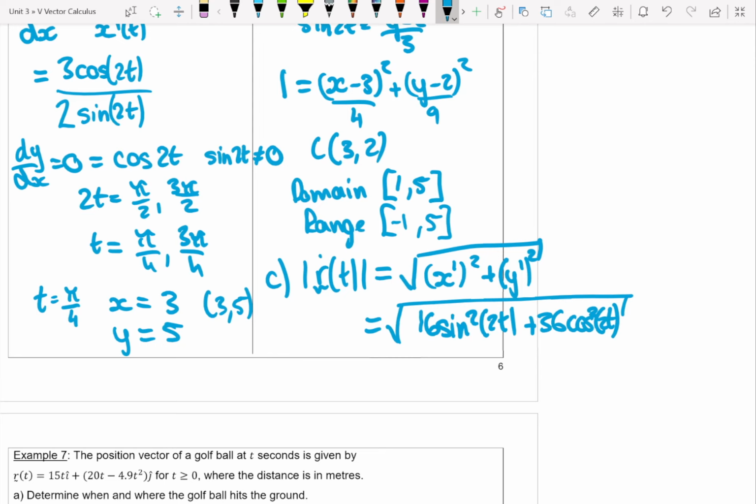First of all, we can use the Pythag identity to replace sine squared with 1 minus cos squared. That's going to give us the square root of 16 minus 16 cosine squared 2t plus 36 cosine squared 2t.